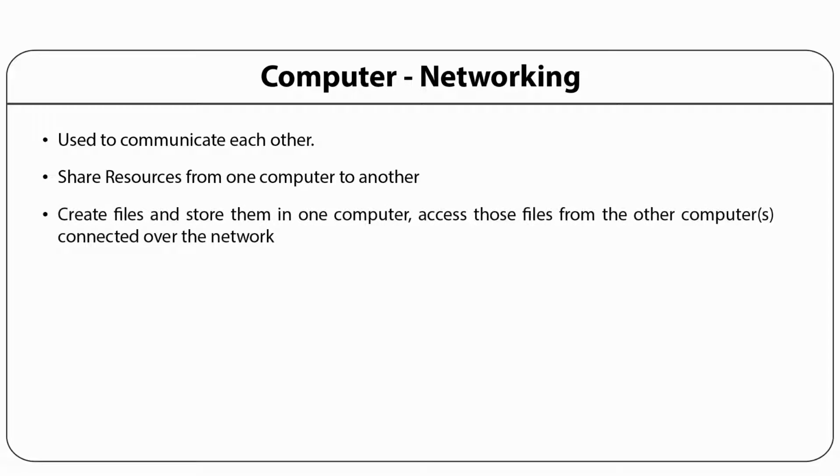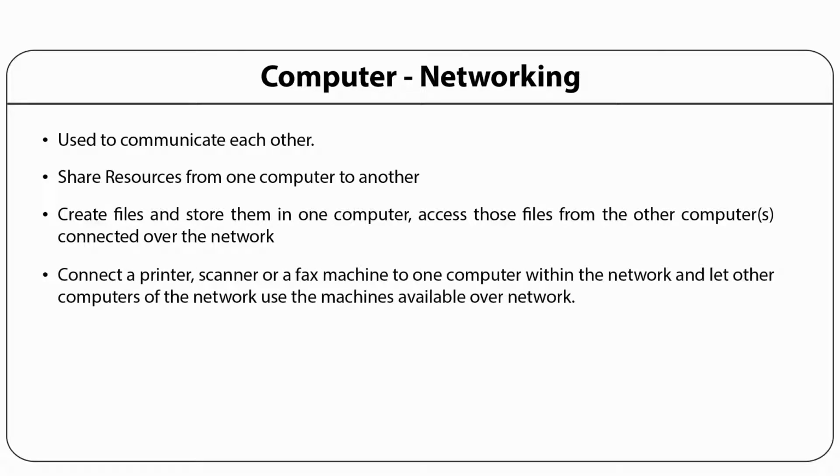It creates files and stores them in one computer, and accesses those from another computer connected over the network. Resources can be shared, for example, connect a printer, scanner or a fax machine to one computer within the network, and let the other computers of the network also make use of the machines available. So that is the main advantage of the network.